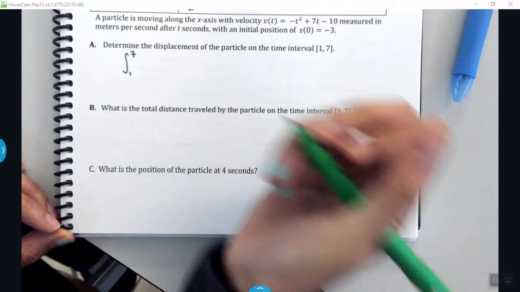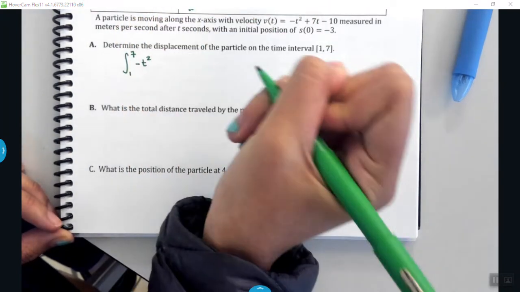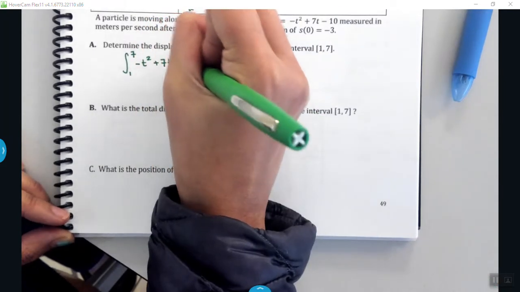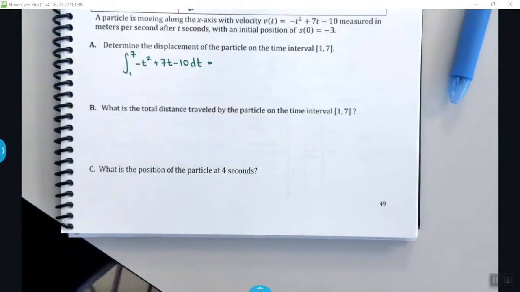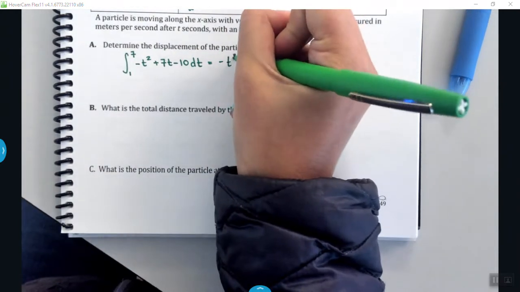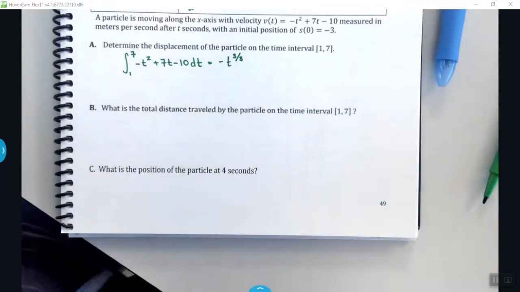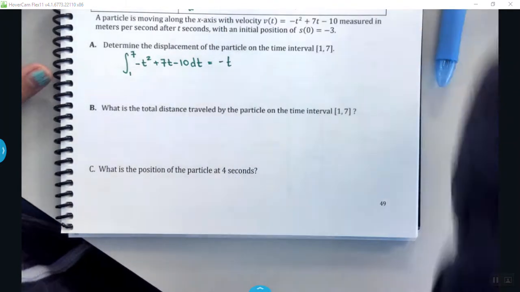So integral 1 to 7 of negative t squared plus 7t minus 10 dt. Okay. And we'll get negative t cubed over 3. Just negative t cubed over 3, it is not in the exponent, guys.